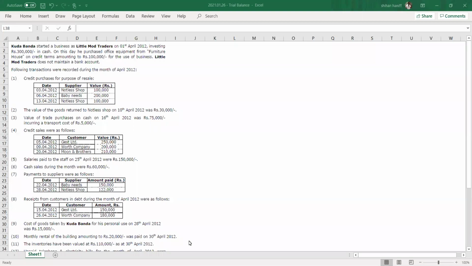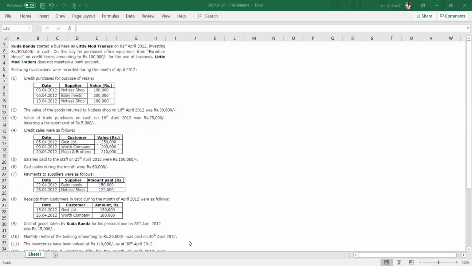Okay, so in our last session, I discussed preparation of the trial balance, right? In the prime entry books chapter, we covered the source documents and preparation of the basic prime entry books: the cash receipt journal, cash payment journal, then the purchases, sales, return inward and return outward journals, the petty cash book, and the general journal.